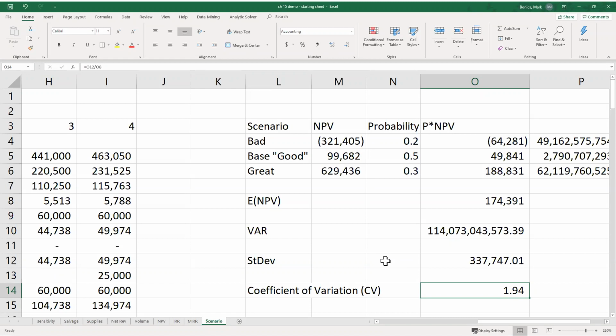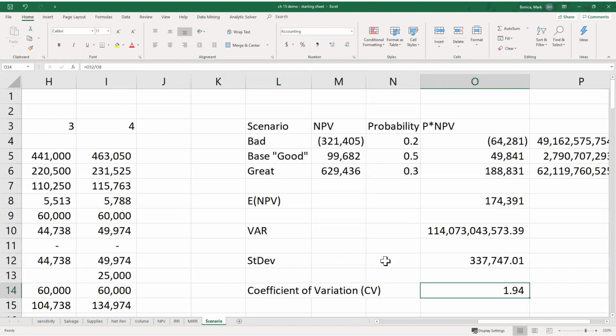Now, when we look at the amount of risk involved in this one, the coefficient of variation is a risk to return ratio, right? It tells you your relative risk, and so you want a smaller number if possible, right?